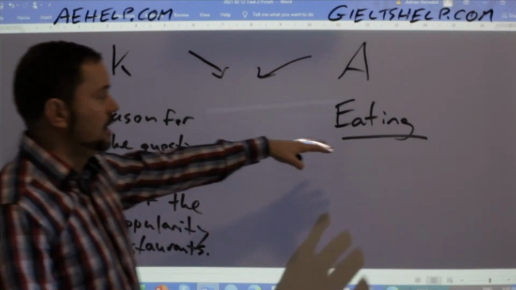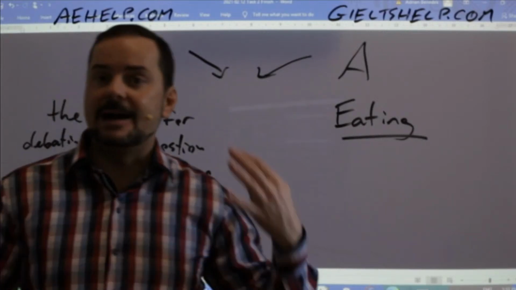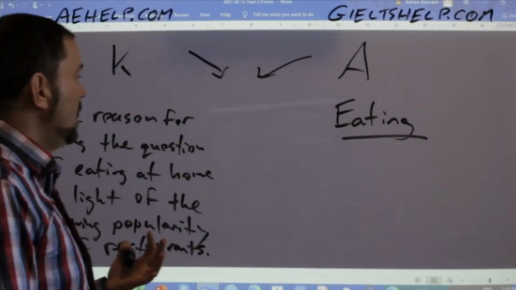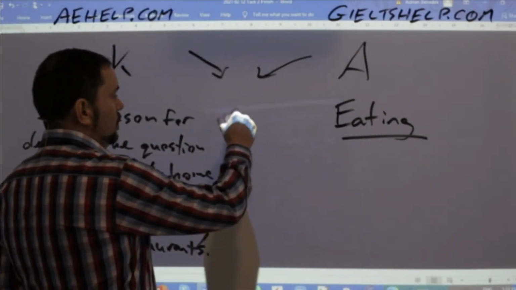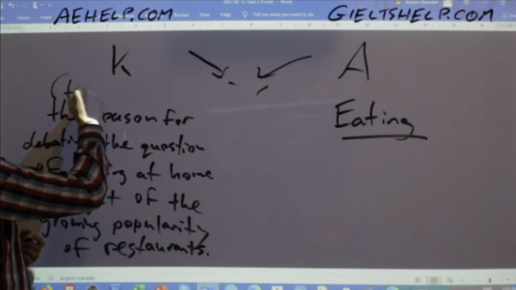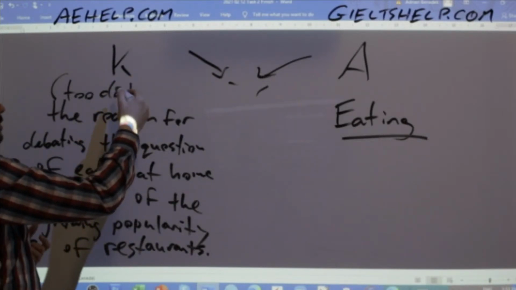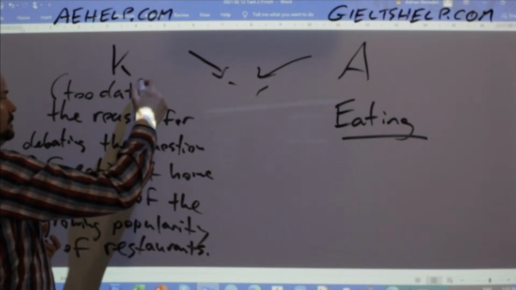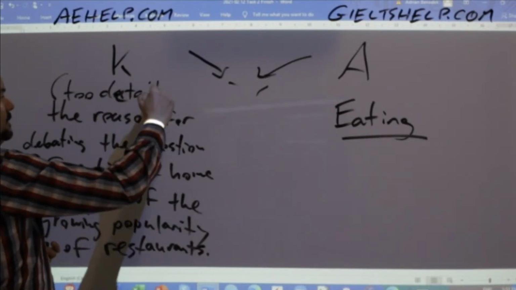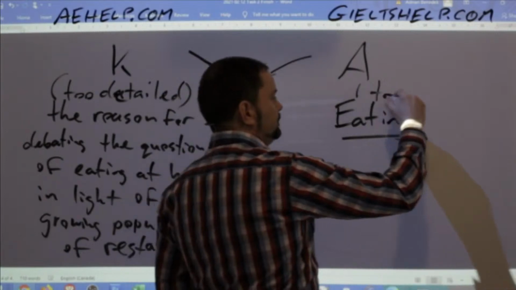Ali is talking about eating in general, so the habit of eating. Okay. Ideally, you want to be somewhere between these two. So this is too detailed, and assuming that the reader will know this, okay? Okay, so too detailed, all right? And this is too general.